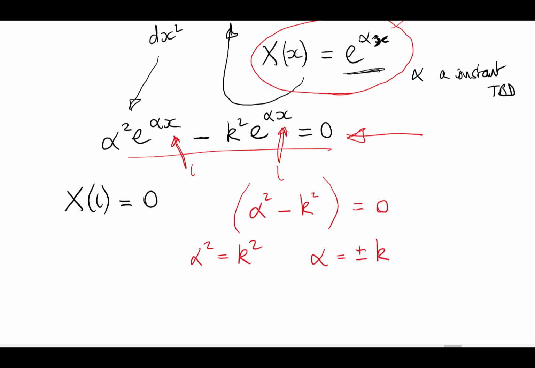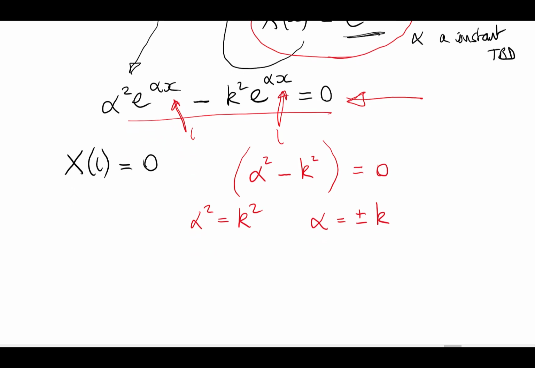So we can actually write this in a more general form, because we have to recognize that alpha can be plus or minus k in here. So a solution X of x in here is equal to c1 e to the kx plus c2 e to the minus kx.